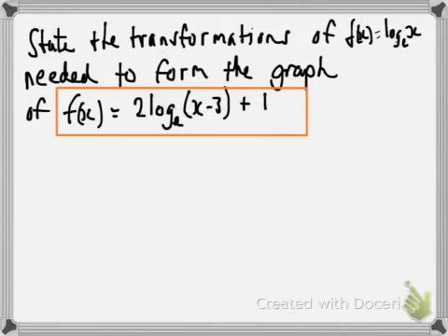So let's look at, first of all, dilations, which we should always look at first, and we've got a 2 there. So the first thing we're going to look at is a dilation 2 units from the x-axis.